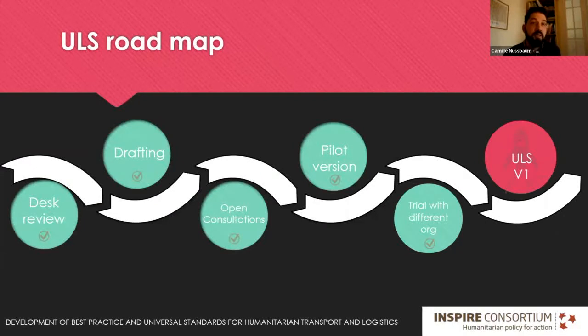We started to discuss with more and more actors in the humanitarian response field, the logistics field, and also the quality and accountability initiatives in the humanitarian sector, to understand and discuss the possible format and scope of these standards. At the end of this desk review and process, and with more and more interviews, we published an inception report to set the basis to start drafting the standards.